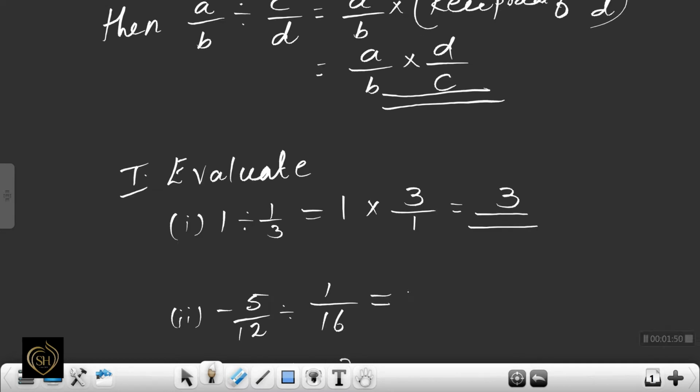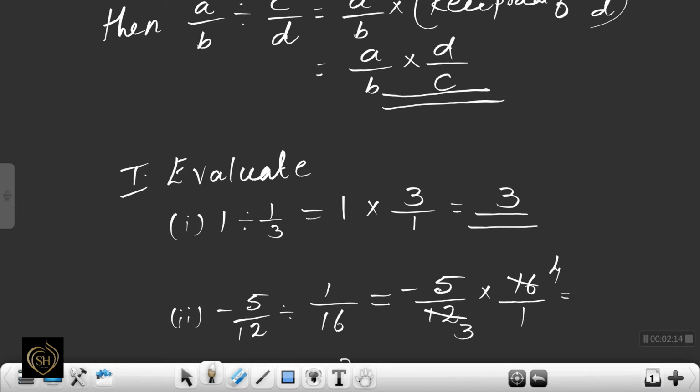Second question, negative 5 by 12 divided by 1 by 16 is equal to negative 5 by 12 into 16 by 1. Cancellation possible. 12 and 16 are the multiples of 4. So 4 3s are 12, 4 4s are 16. So numerator and the denominator have no common factor other than 1.